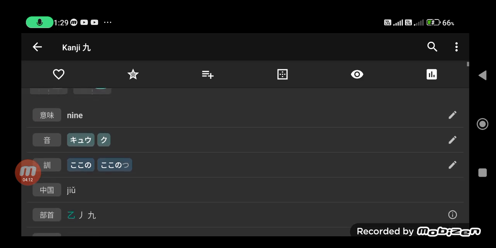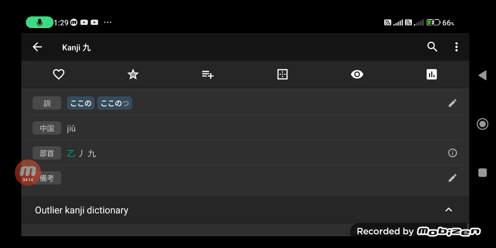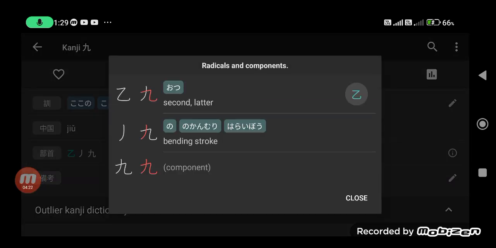The first one is otsu, meaning second or latter. The second one is haraibo, or bending stroke. And no kanmuri. When you see the word kanmuri, it means on the top.